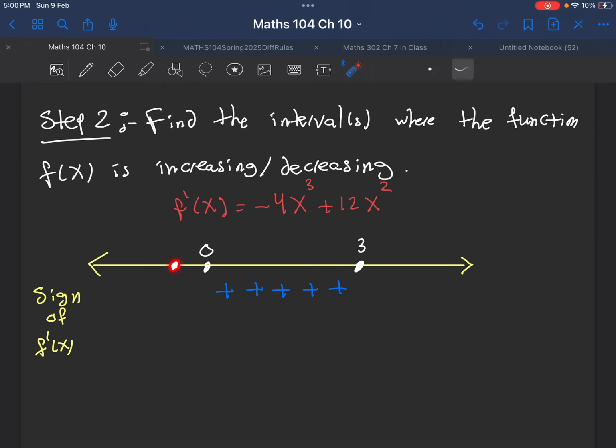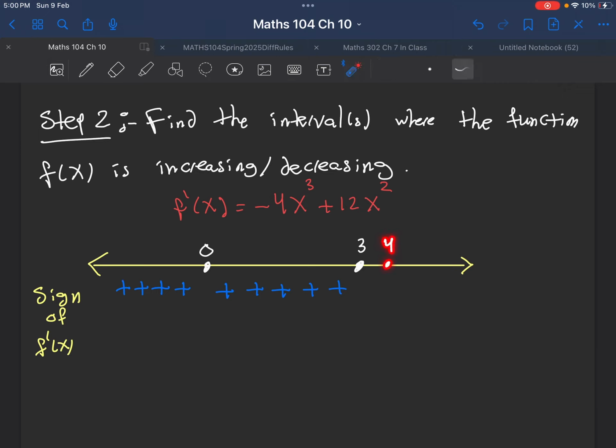Now choose any number in this range. I will choose negative 1. So substitute negative 1, negative 1. The answer again will be positive. That's fine, it's positive.